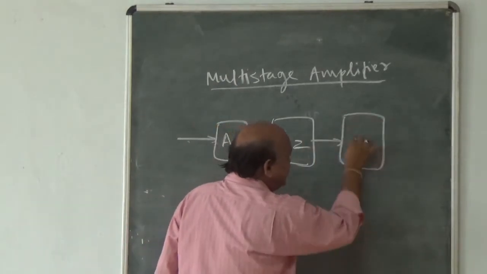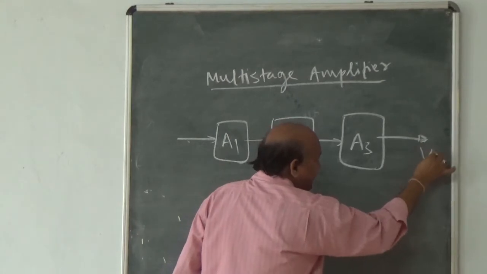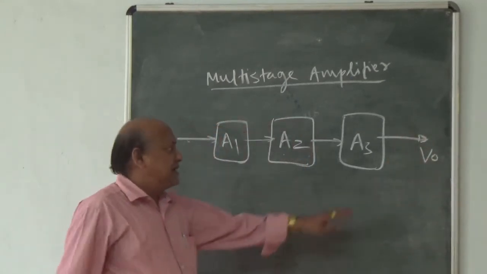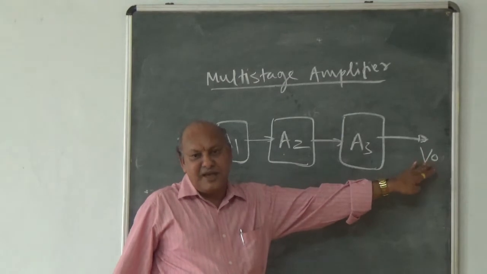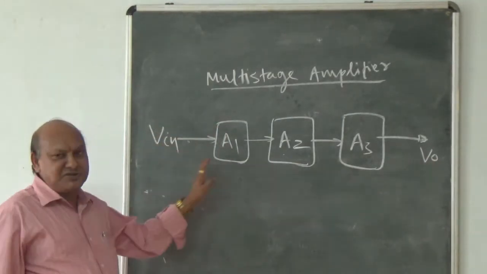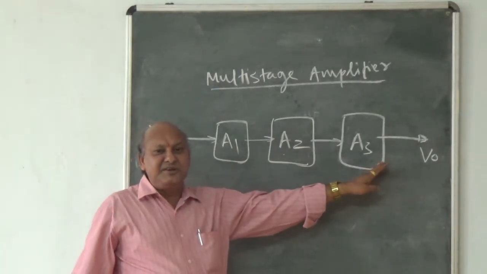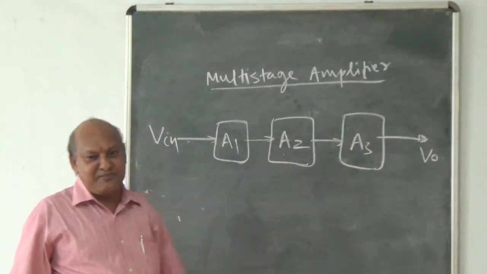We can connect a number of amplifiers in cascade, and finally we have the output voltage at the final stage, and the input is applied to the first stage. These cascaded stages are called a multi-stage amplifier.